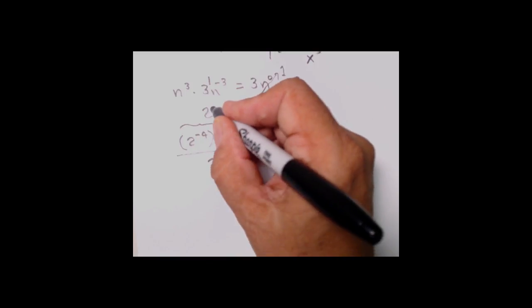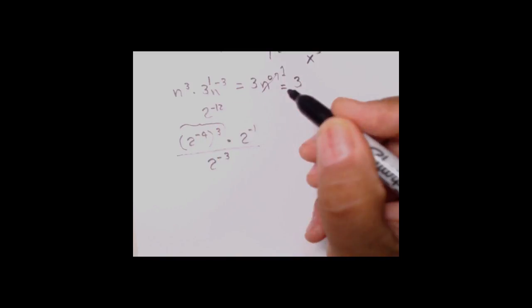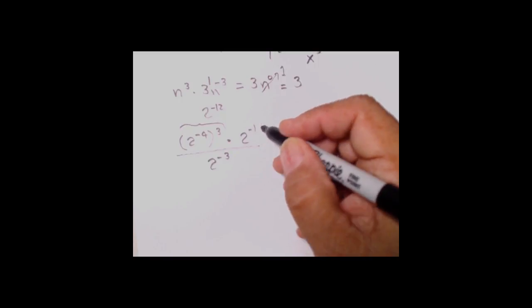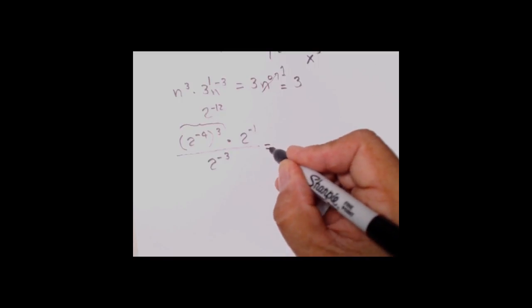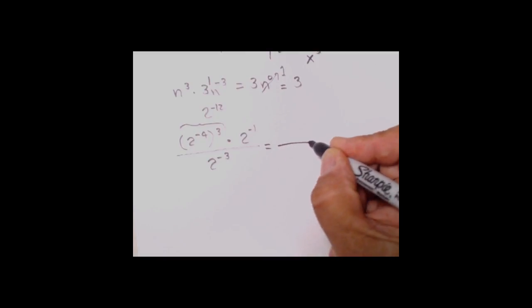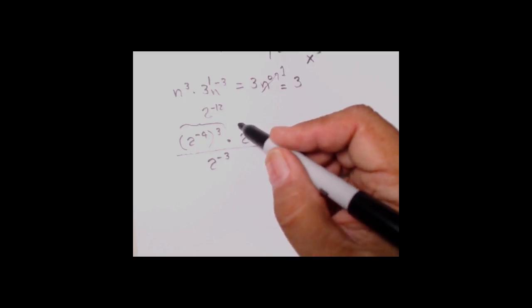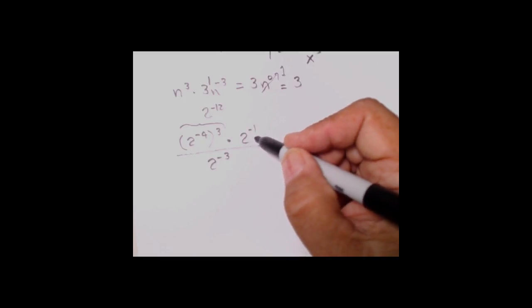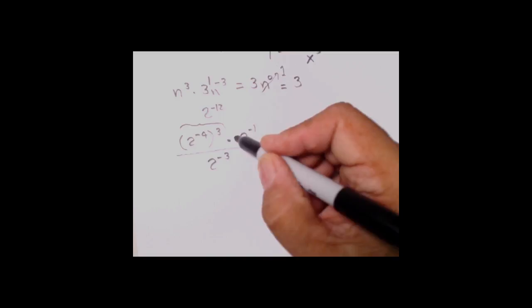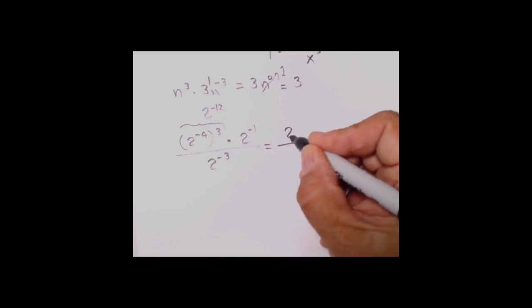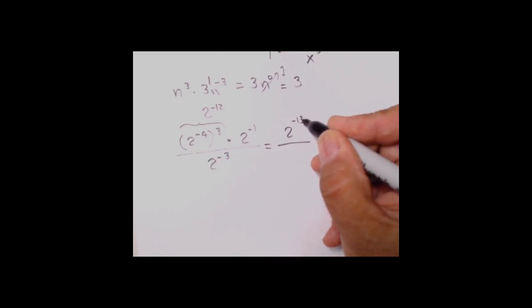Negative 4 times 3. I think it's negative 12. Okay, times 2 to the negative 1. Okay, well, what's my upstairs then? I've got 2 to the negative 12 and times another 2 to the negative 1. Same base, so we use the product rule. I've got 2 to the negative 13.